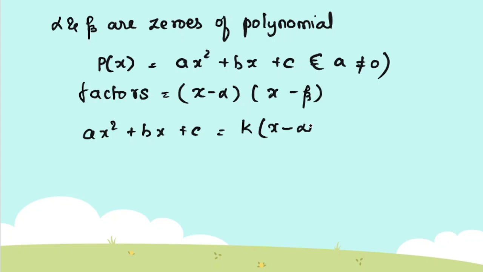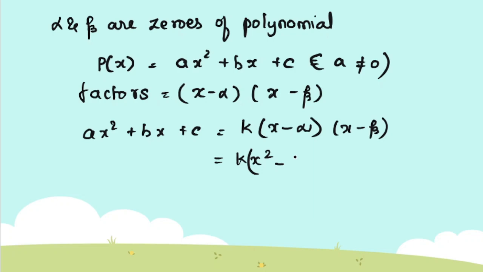So if you multiply by k and expand this, x minus a into x minus b will be x square minus a plus b into x plus ab, right? That formula we are using here. So if you expand, you will get kx square minus k into alpha plus beta into x plus k alpha beta.